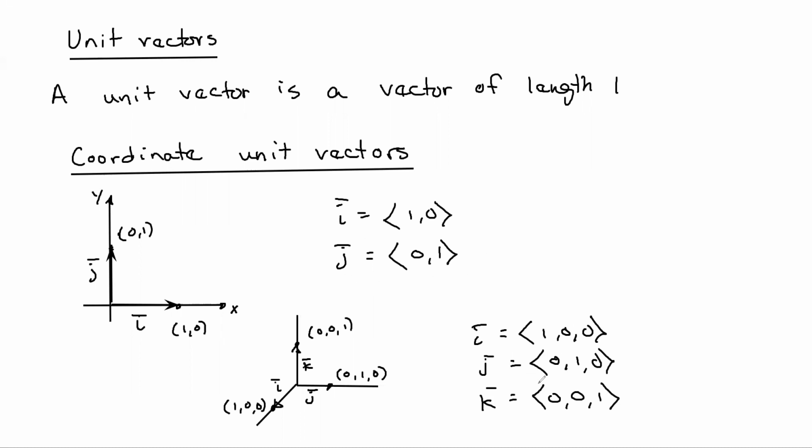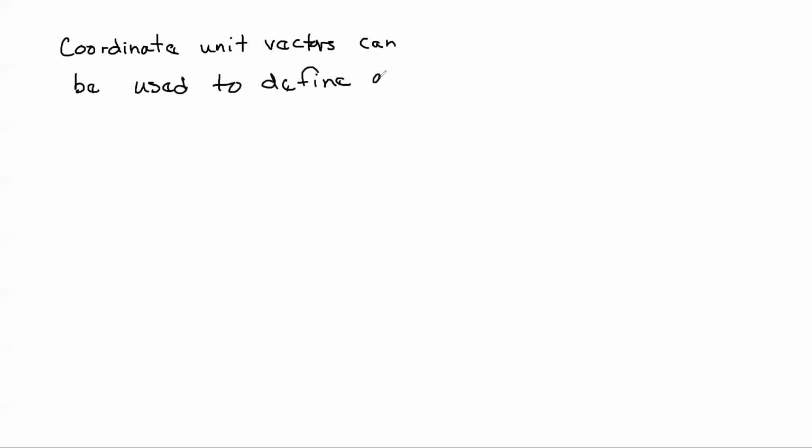Okay, so one of the neat things that you can do is that the coordinate unit vectors can give us an alternate representation for a vector. How does that work?